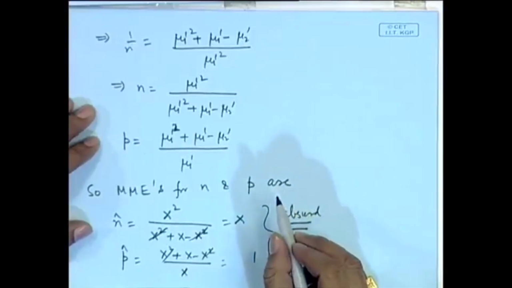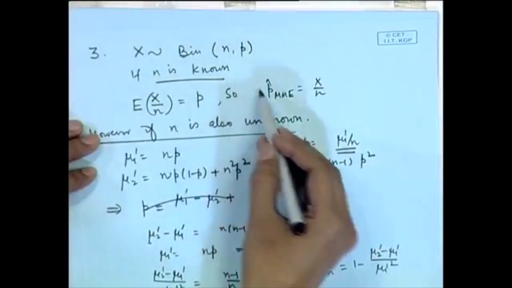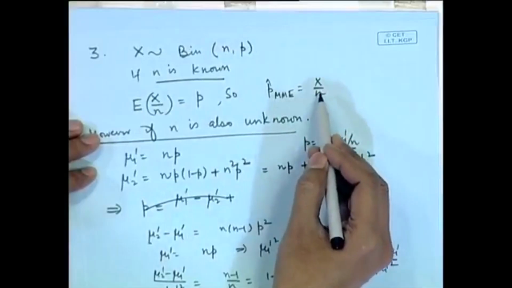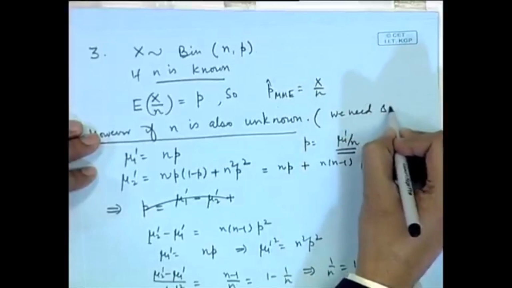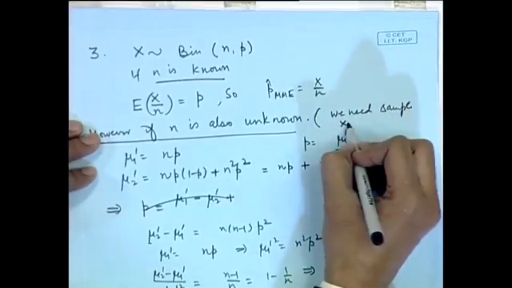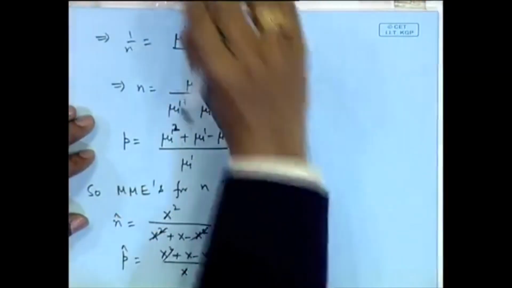Since I have here two parameters, n and p, it is not possible to estimate both of them with one observation. That means, I need to take a sample here. So, when n is known, it is all right that I use x by n, but if n is unknown, we need a sample. So, let me say the sample is x 1, x 2, up to x capital N. In that case, this situation can be resolved.